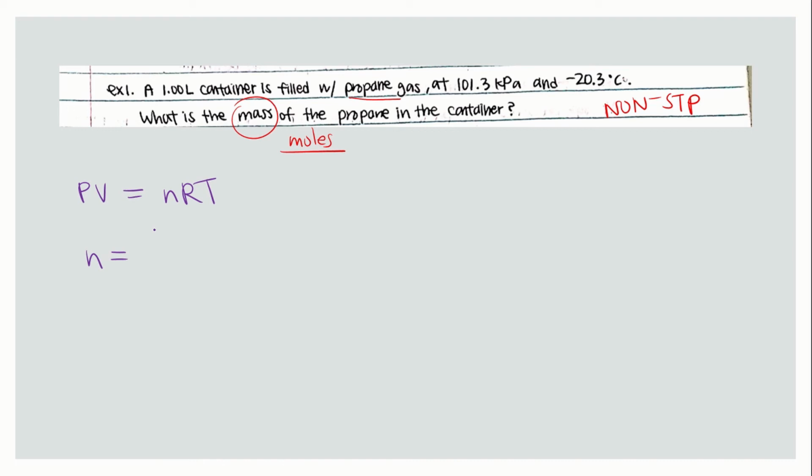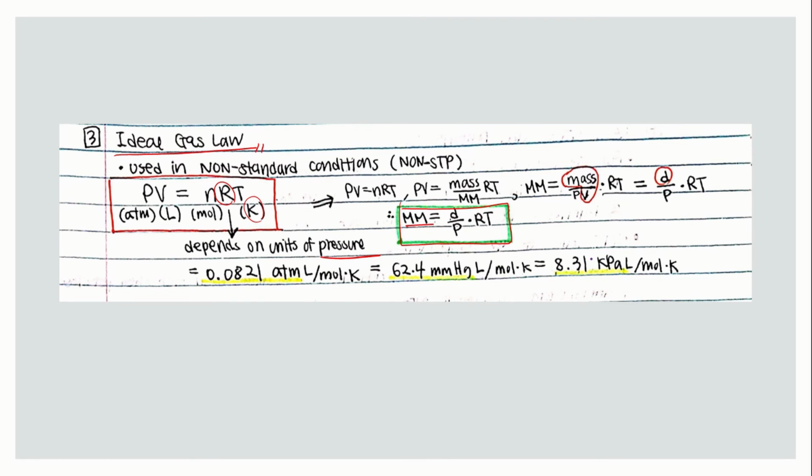So n equals PV over RT, which is 101.3 kilopascal times volume, which was 1.00 liter, then over the R. And as we just went over, you have to make sure you're using the right value for R. In this case, it will be 8.31, because you're using kilopascal for pressure.